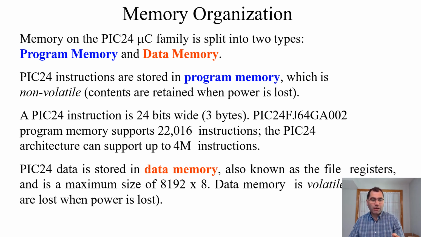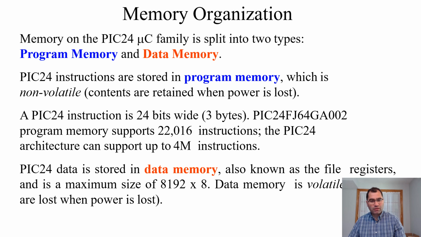And for our microcontroller, PIC24FJ64GA002, program memory supports 22,016 instructions. The PIC24 architecture can support up to 4 million instructions. PIC24 data is stored in data memory, also known as a file register. In PIC microcontrollers, data memory is called file registers.